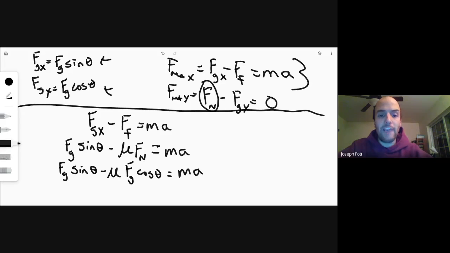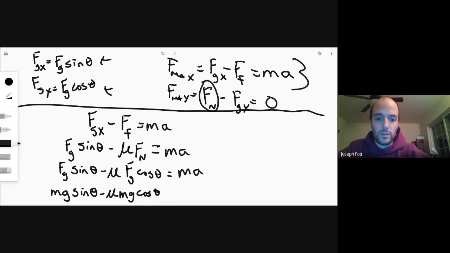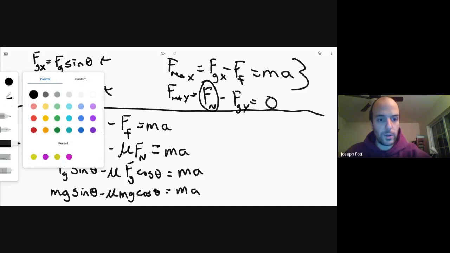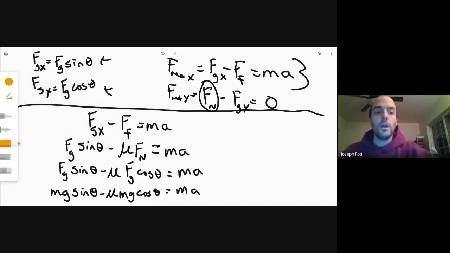Remember that FG, the force of gravity, equals mass times acceleration due to gravity. So we can write this down here: mg sine theta minus mu mg cosine theta equals MA. Great. Notice there's an m in this term, there's an m in this term, there's an m in this term.